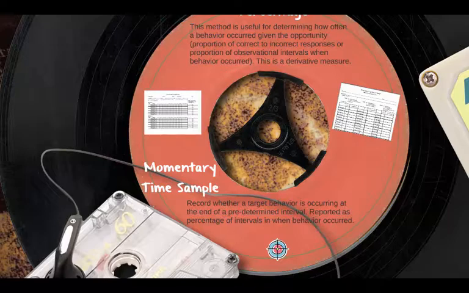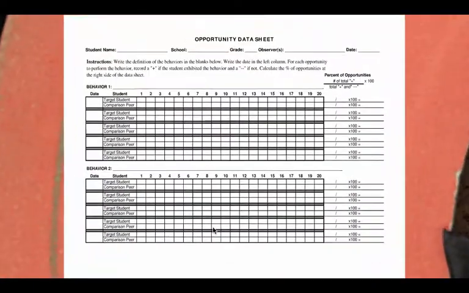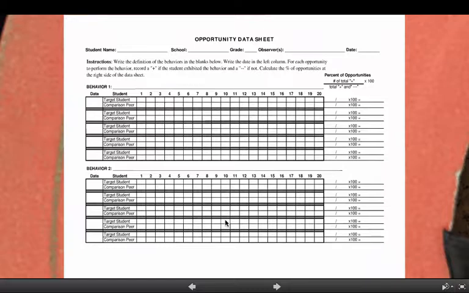So far we've got partial interval recording, we've got whole interval recording, we've got percentage recording as well, and now we have momentary time sampling as well. So once again, the data sheets that I'm showing you are great examples of the kind of data sheet that you may encounter as a registered behavior technician.